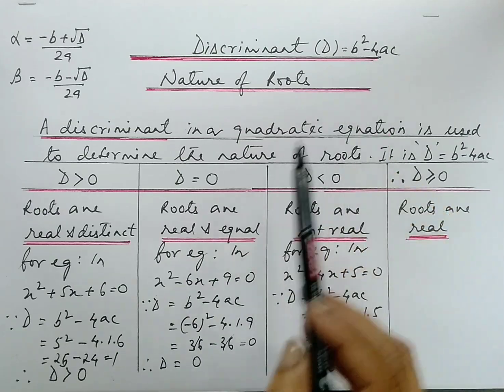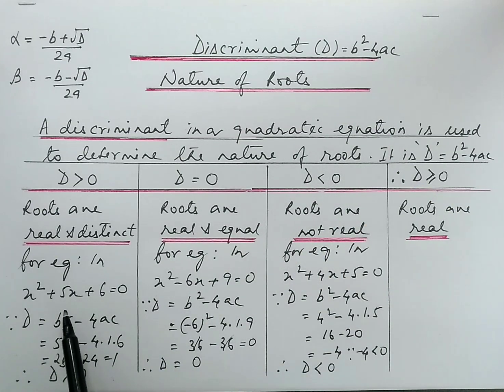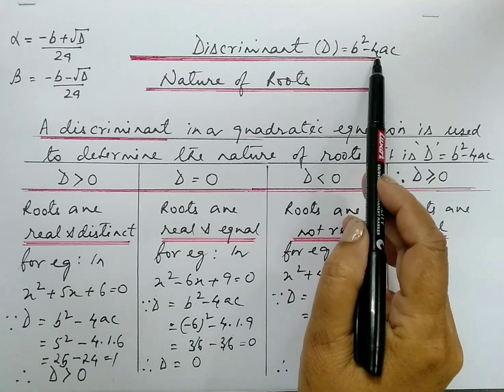So we derive our a, b and c from here. The coefficient of x square is equal to a. The coefficient of x is called b, and the constant over here is known as c. Since we know that D is equal to b square minus 4ac, my b in this case is a positive 5, so 5 square minus 4 is already a constant.